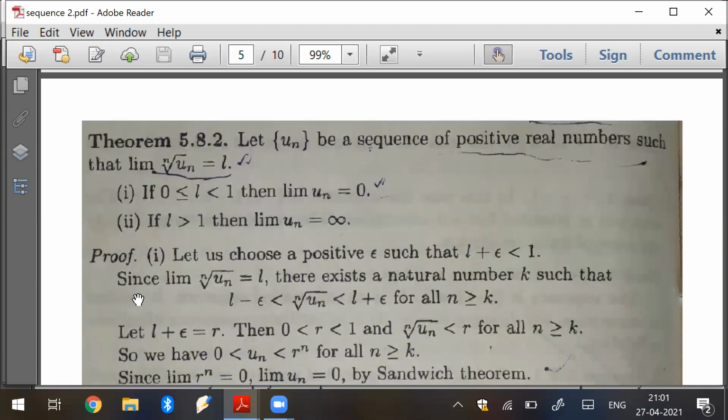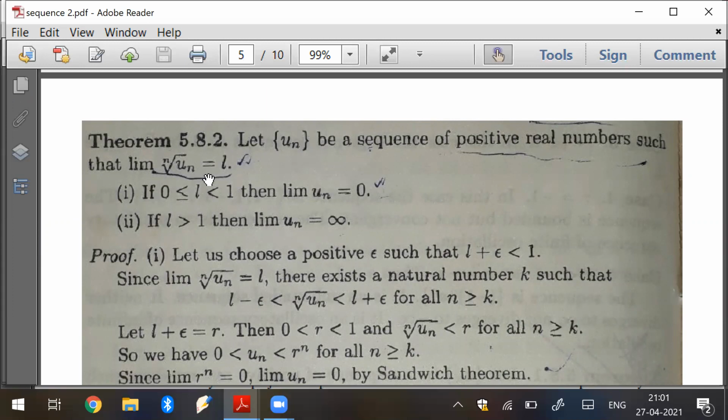Now, another similar theorem exists. Again, you are considering a sequence of positive numbers. Now, instead of constructing a sequence with the ratio of consecutive terms of the original sequence, I am now taking the root, u_n to the power of 1 by n, as a new sequence.